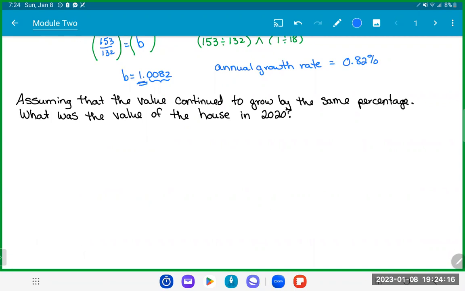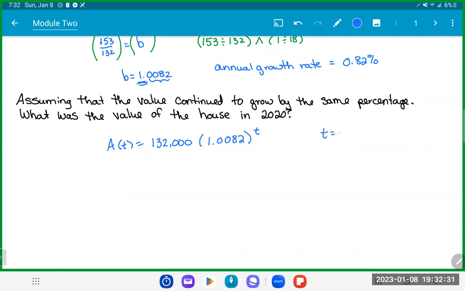Again, we're going to take this where we have our equation A of T equals 132,000 times our 1.0082 raised to the T. So this time we have to calculate what T would be if we wanted to look at the year 2020 instead of 2010.